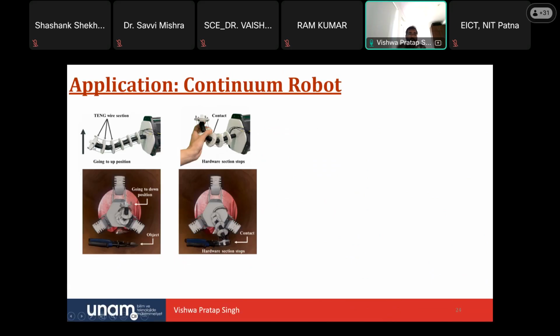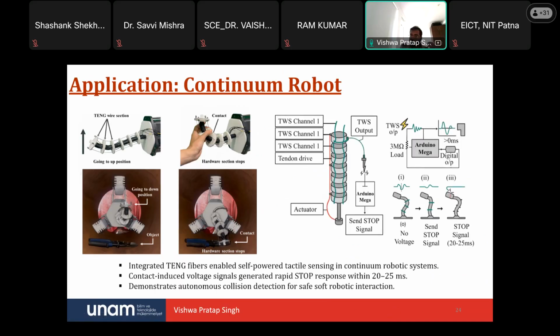So in the trunk, the fiber will be here, and the wires that are connected for movement are connected with the stepper motor, or some people use a hydraulic system to move this trunk of this continuum robot. So we tested it, and it worked perfectly with the TENG systems.